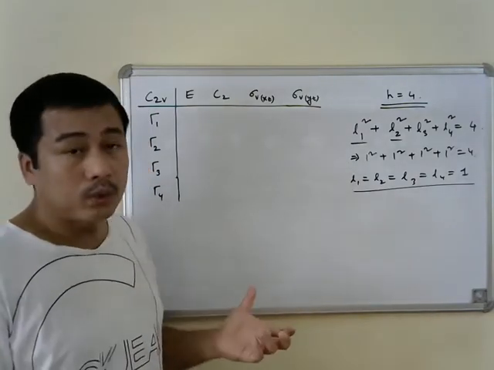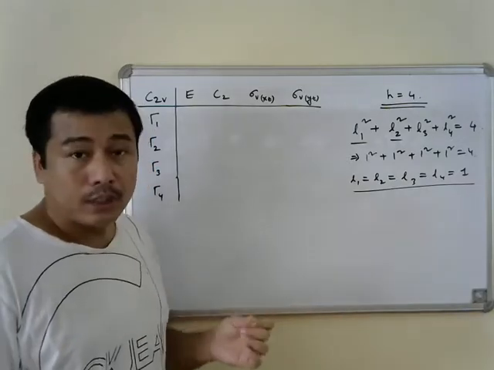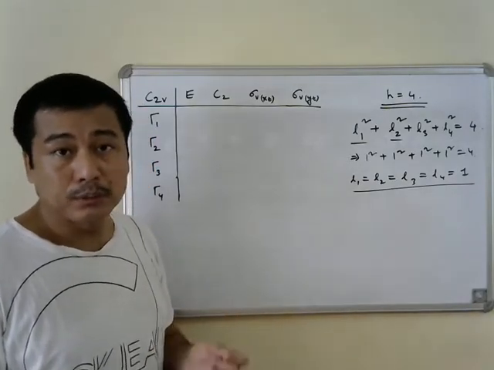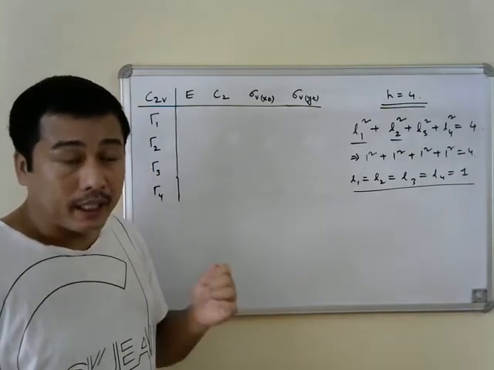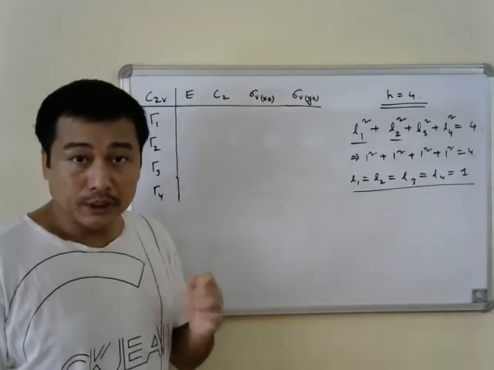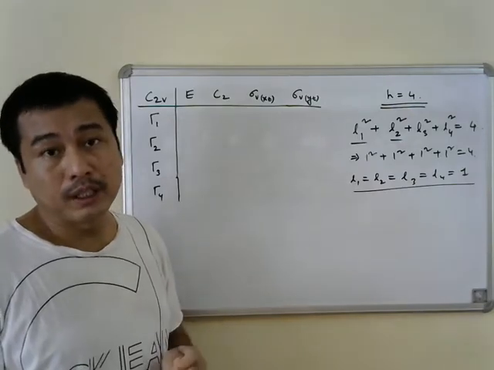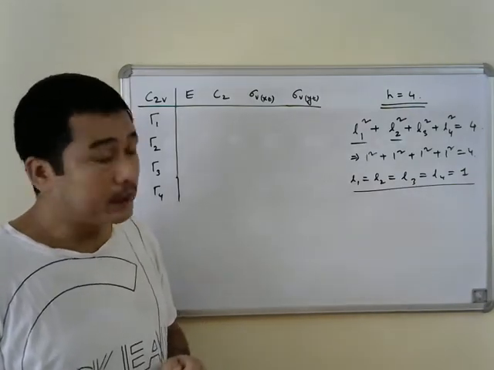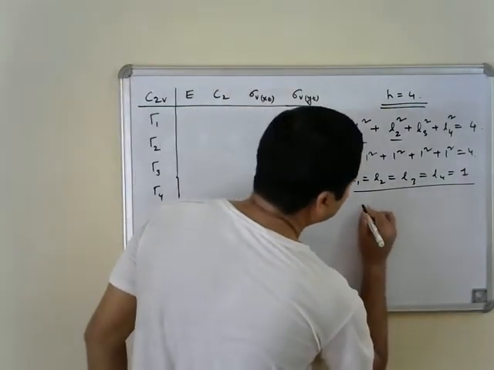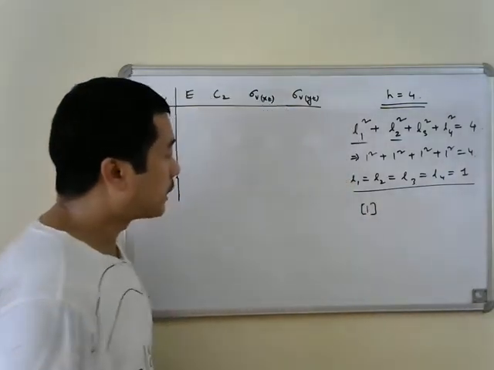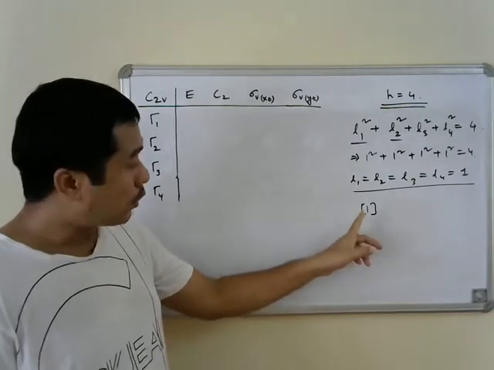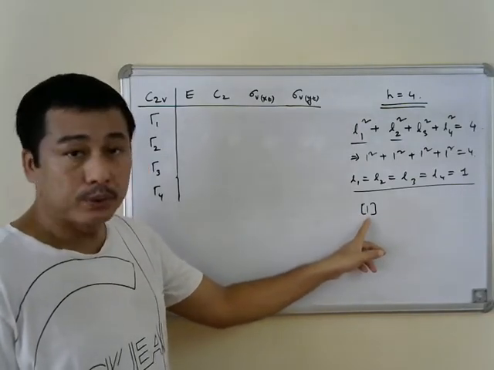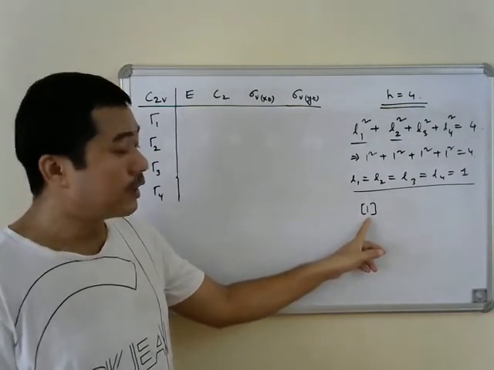We also know at the same time the character of the identity operation for all these representations, because the character of the identity operation is essentially equal to the dimension of the irreducible representation. For a one-dimensional irreducible representation, the matrix representing the identity operation is going to be a unit matrix of order 1, for which the character is equal to 1.